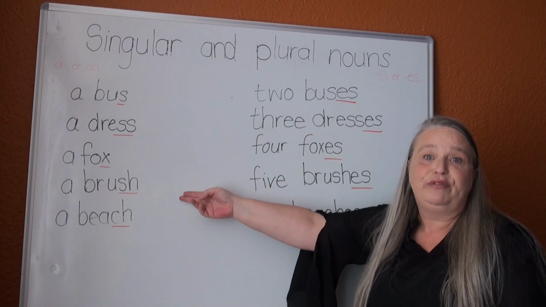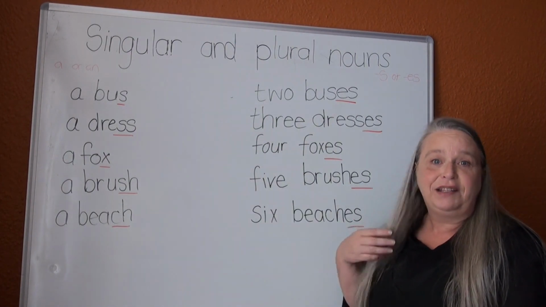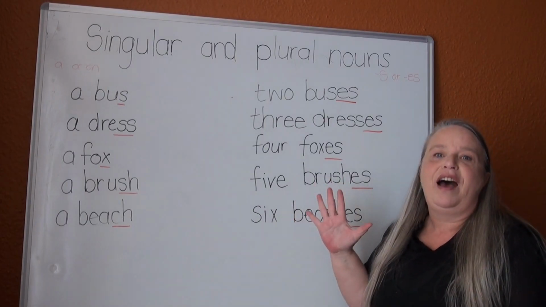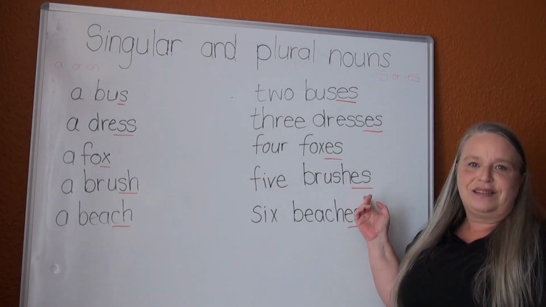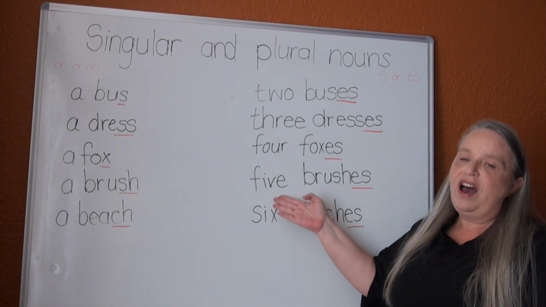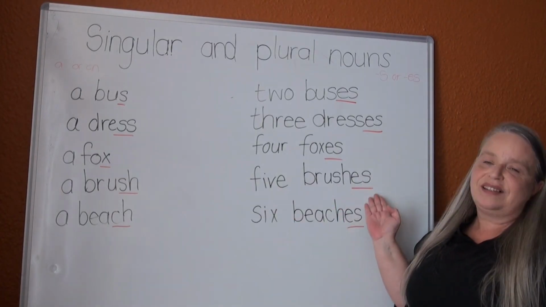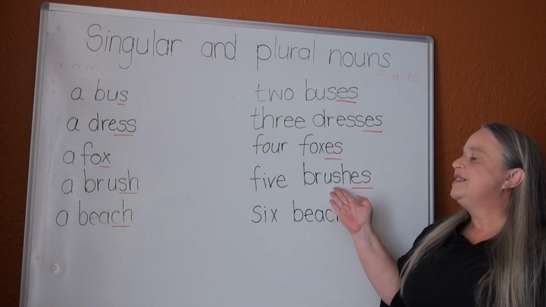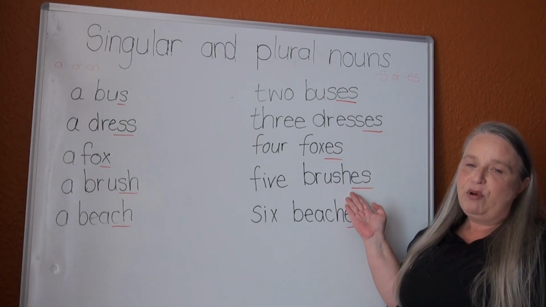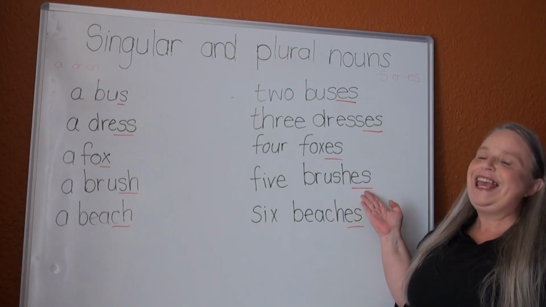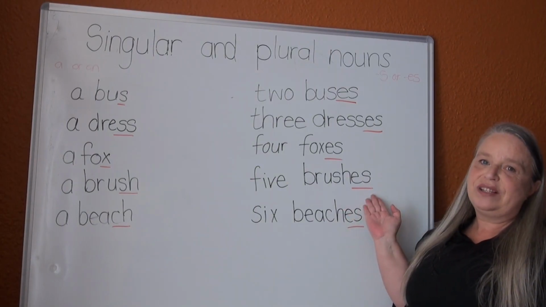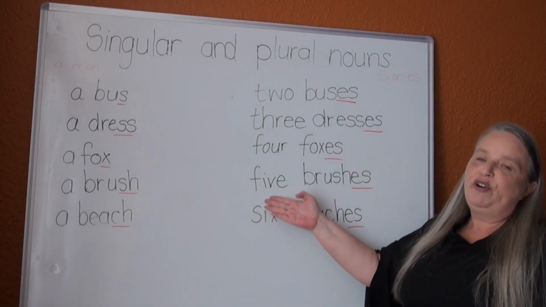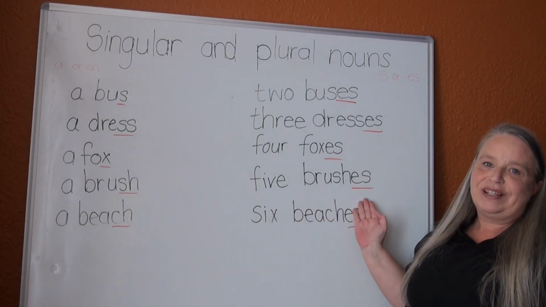But when you have very long hair, like mine, maybe, just maybe, you need 5 brushes. And again, because the noun ends in sh, like in brush, we add an es, brushes. One brush, a brush, but 5 brushes.